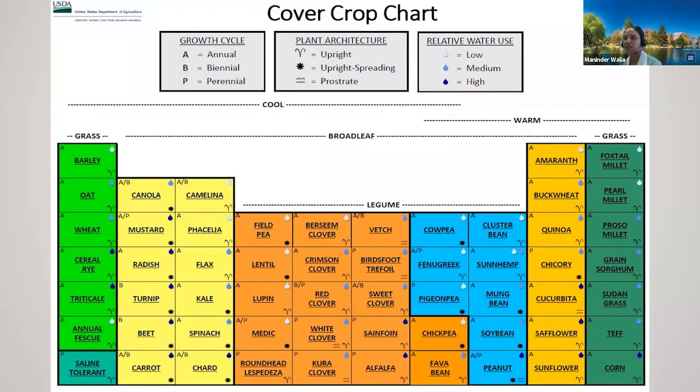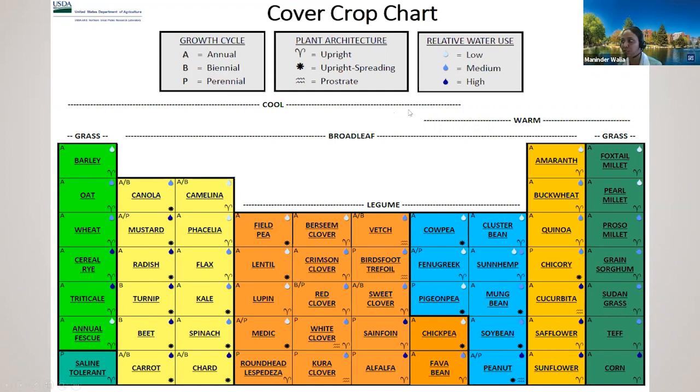I just added this cover crop chart here because I believe it's very informational. It is developed by the USDA NRCS, and they developed the cover crop chart depending upon the growth cycle you are interested in. It can be annual, biennial, perennial.